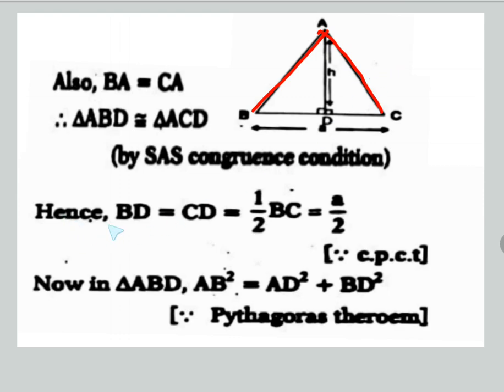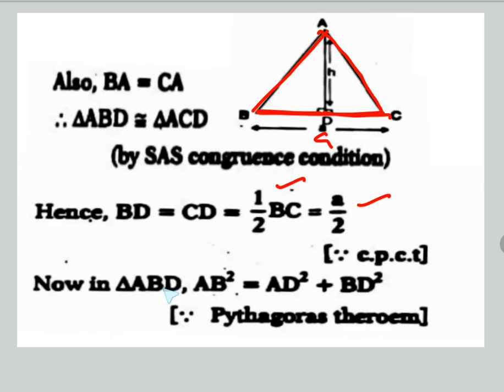That means BD is equal to CD, since D is the midpoint of the perpendicular line, equal to BC by 2. We know the side is A, so BD is equal to A by 2.